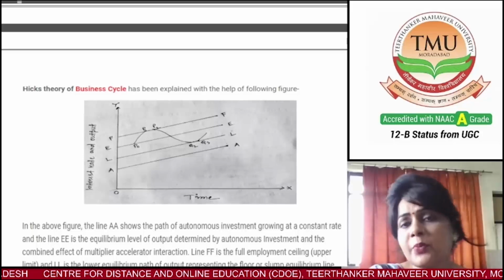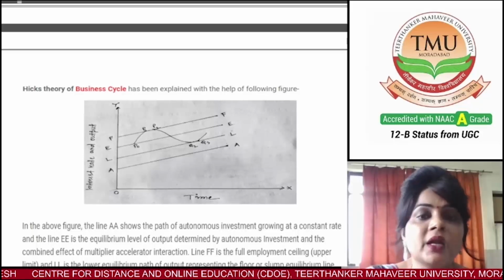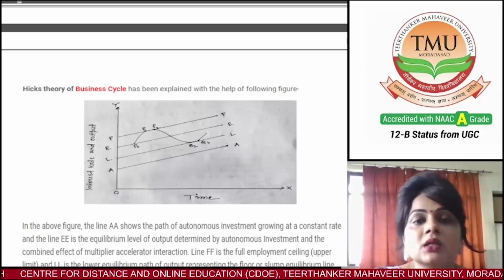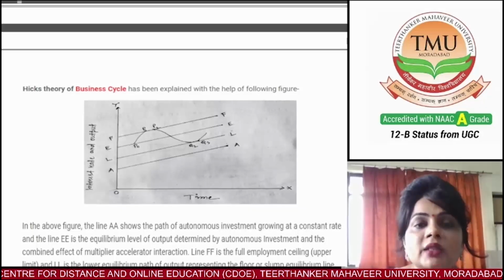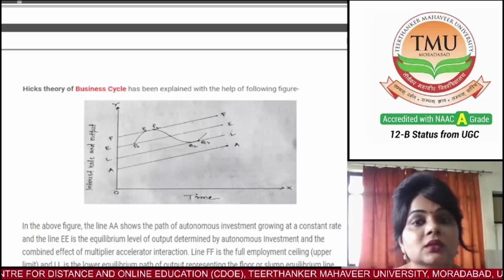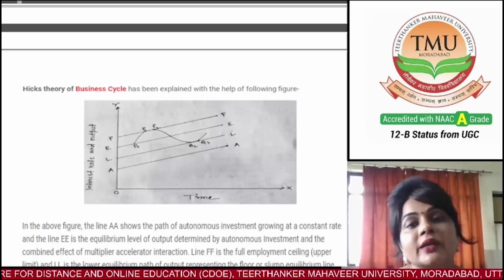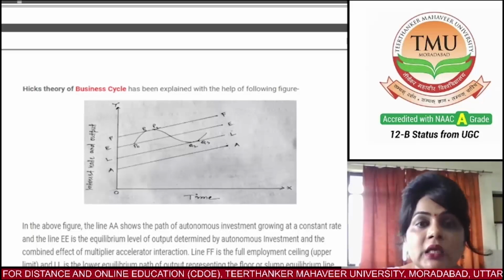So, given the marginal propensity to consume, the simple multiplier is determined. Then the magnitude of the multiplier and autonomous investment together determine the equilibrium path of income shown by the line EE.